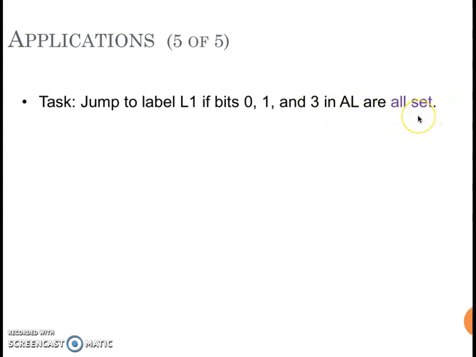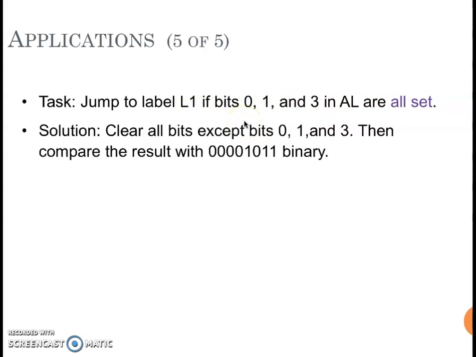So we need to use the AND operation. ANDing with 0 clears all the other bits, but bits 0, 1, and 3 will be left with 1. So I need to AND AL with this value.